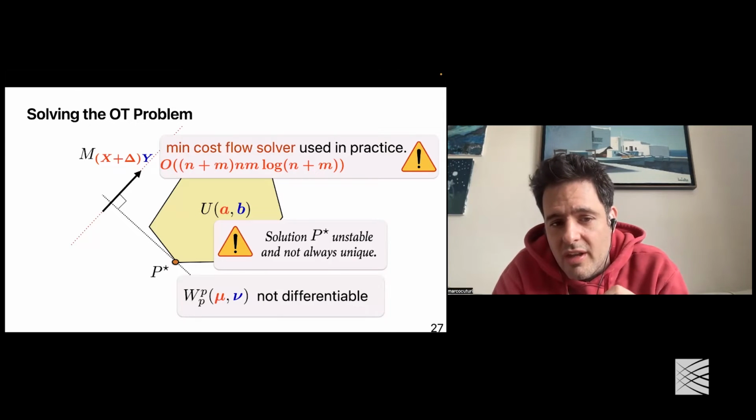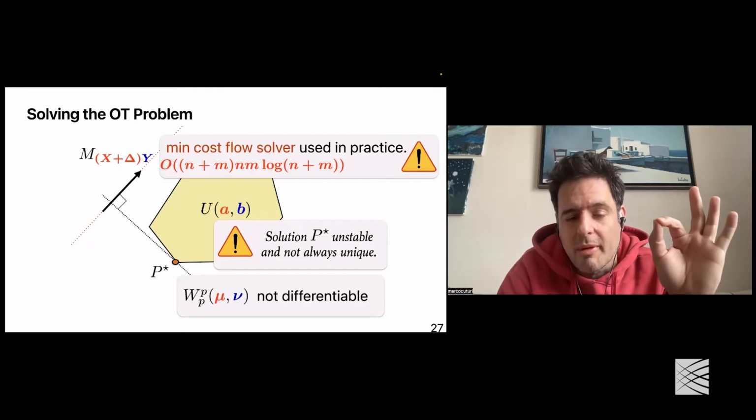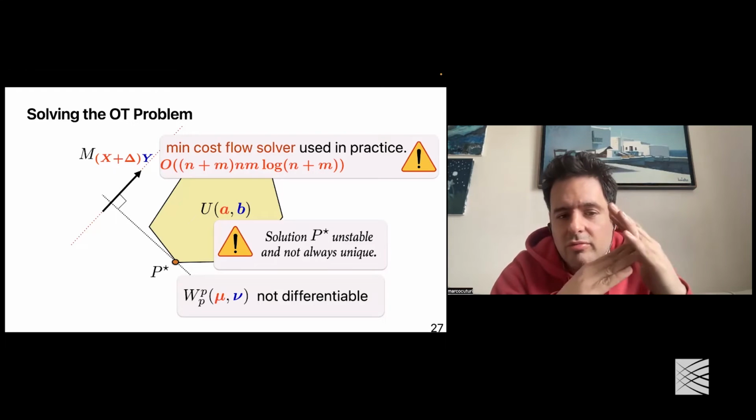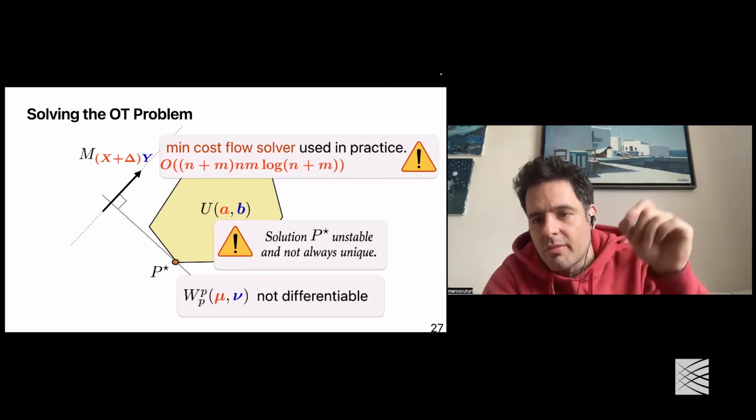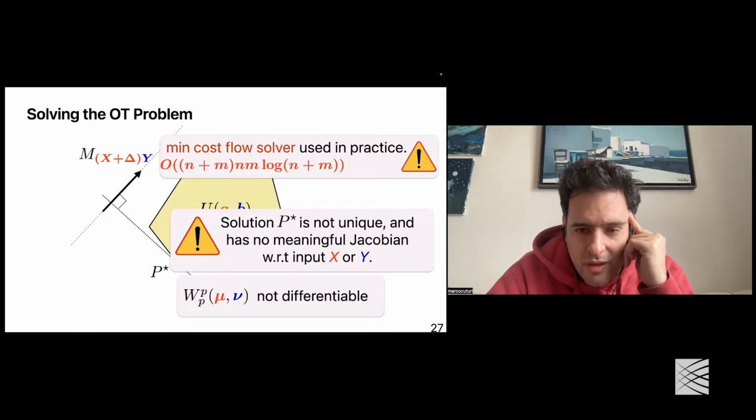It's not always unique. And what is going to be the most problematic part is not so much that you're going to be orthogonal to a facet, because this never happens. It happens with probability 0. The problem is you're going to jump from one solution to the other.